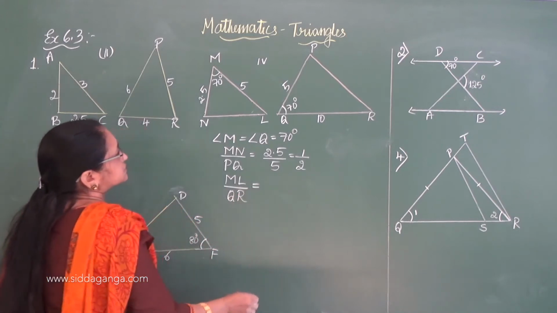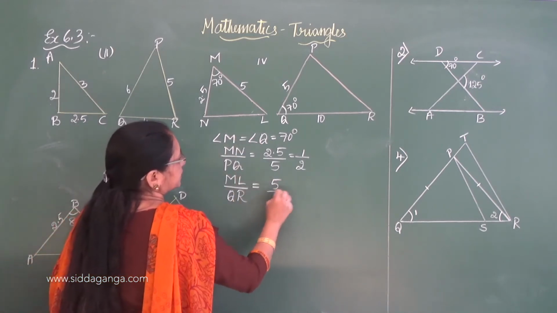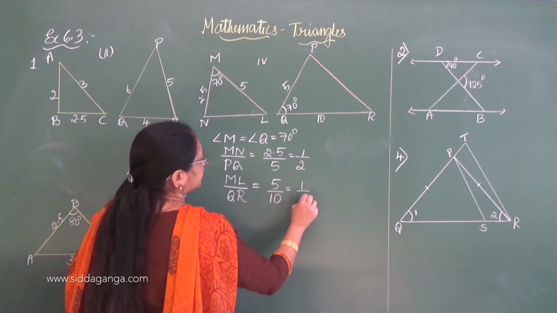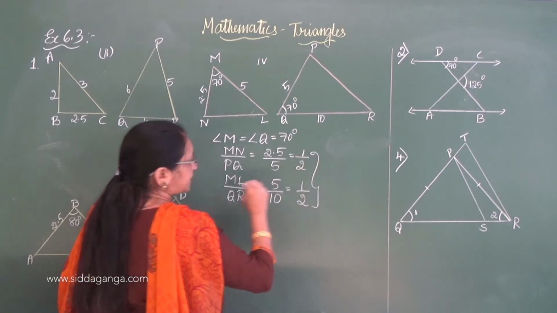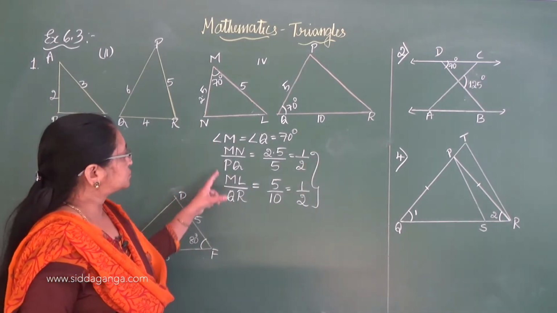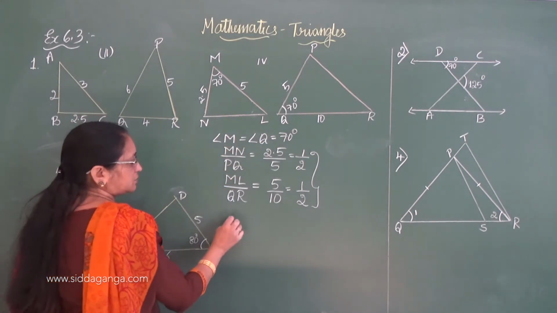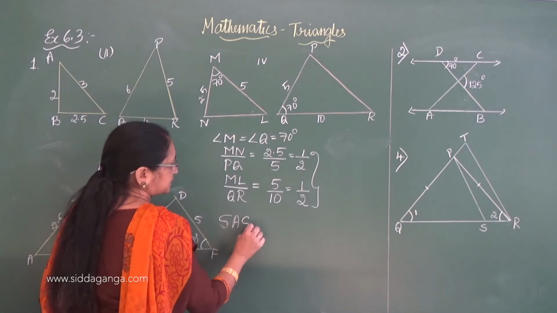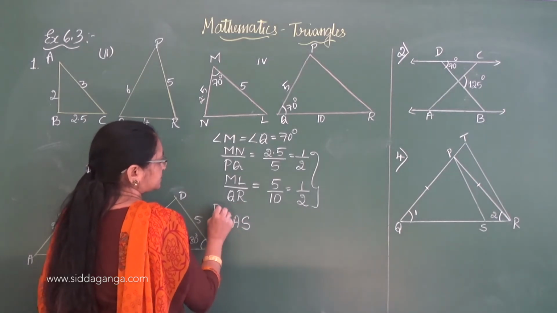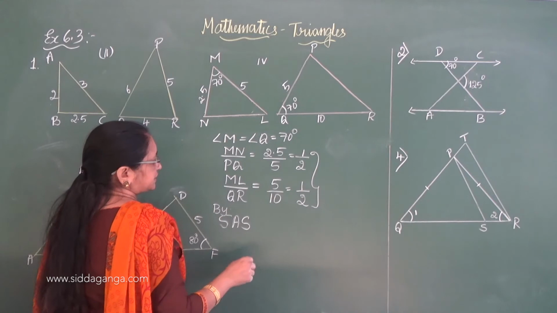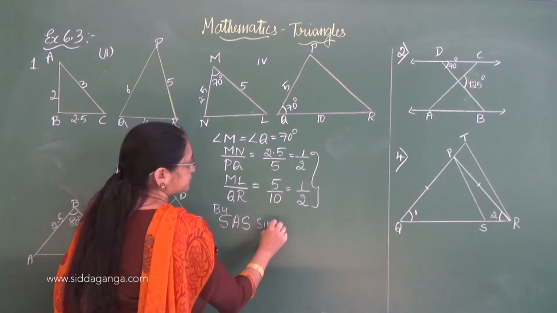ML by QR is 5 by 10. Again you will get 1 by 2. So definitely these two are in same ratio. So two sides and one included angle, then which criteria you all know? SAS criteria, similarity criteria.